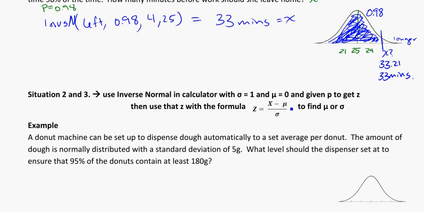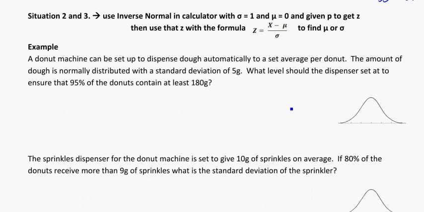Okay, taking a look at situation 2, slightly different approach to this one. These are situations where you're looking for either the mean or the standard deviation. So finding x is pretty straightforward, but using these ones we have to do a two-step process. So the first step is to use the inverse normal calculator with sigma of 1 and mu of 0, and the given probability that we have to get z.